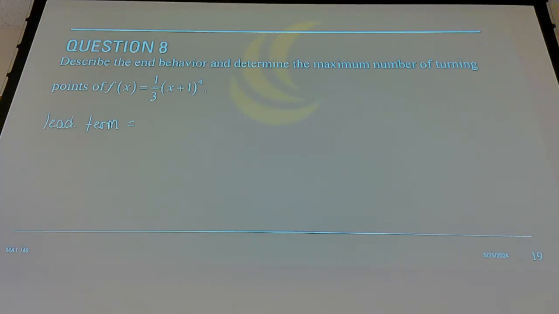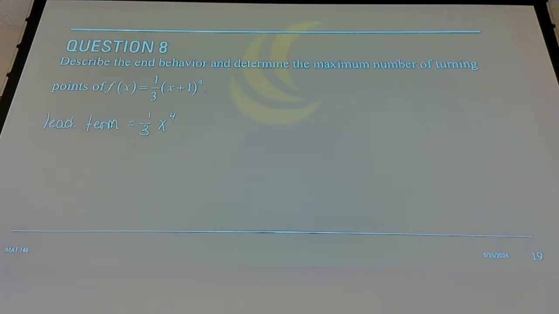Well, 1/3 x. Not just 1/3 x. 1/3 x to the 4th. That polynomial is not in general form. Not even close. You'd have to expand out the x plus 1 to the 4th power first, then distribute the 1/3 through.